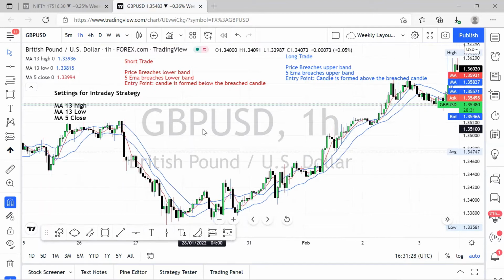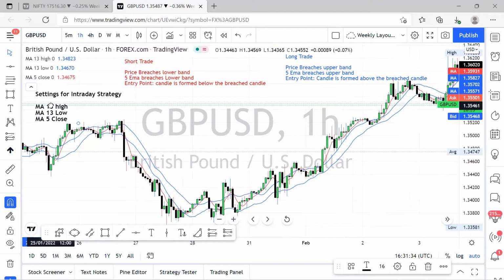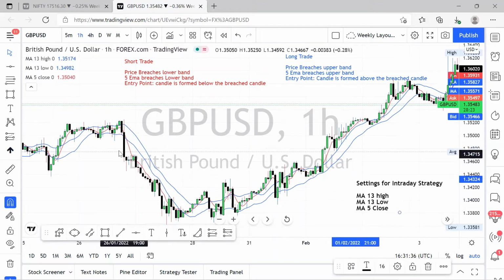What that really means is, if we look at this particular candle here, it has gone from the top side and breached the bottom of those 2 bands. Now, our second rule says the 5 MA breaches the lower band, and the 5 MA has also breached the lower band.